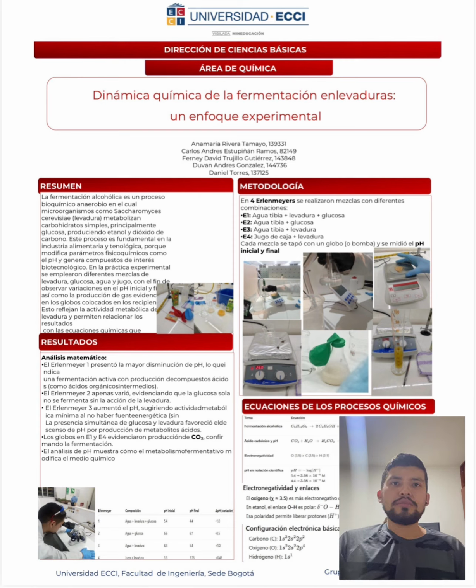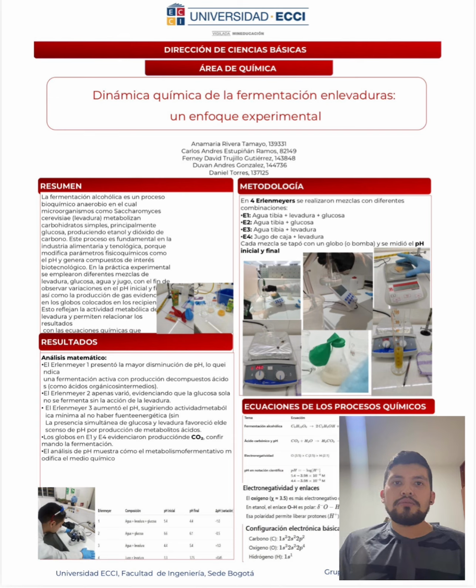For our experiment, we designed 4 different mixtures using water, glucose, yeast, and juice. Each mixture was placed in an Erlenmeyer flask and covered with a balloon to capture the gas produced.